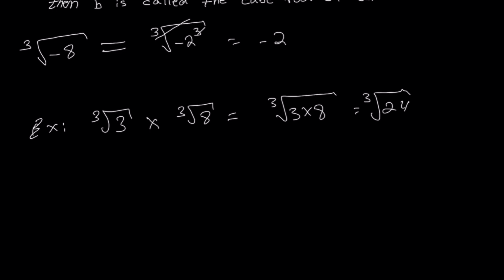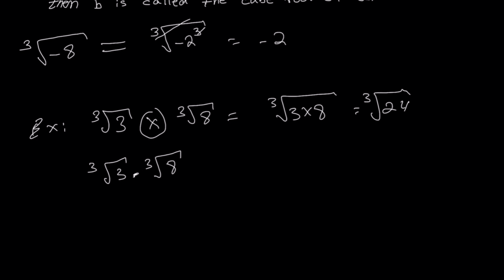That is just a preview. It will be pretty much the same as we discussed earlier, but from here on we will not use the cross sign for multiplication. We will use a dot. For example, the cube root of 3 multiplied by the cube root of 8.